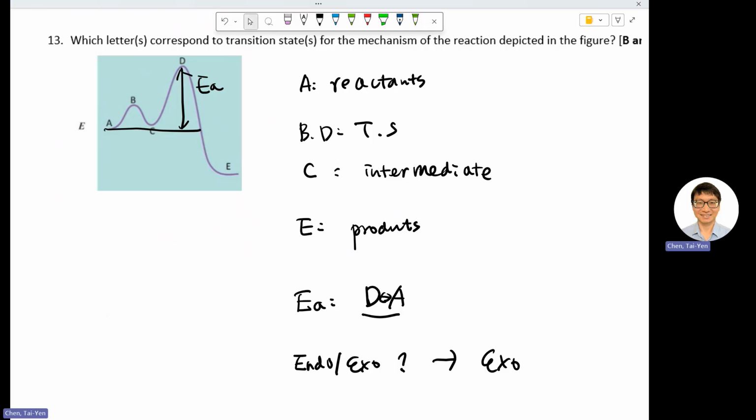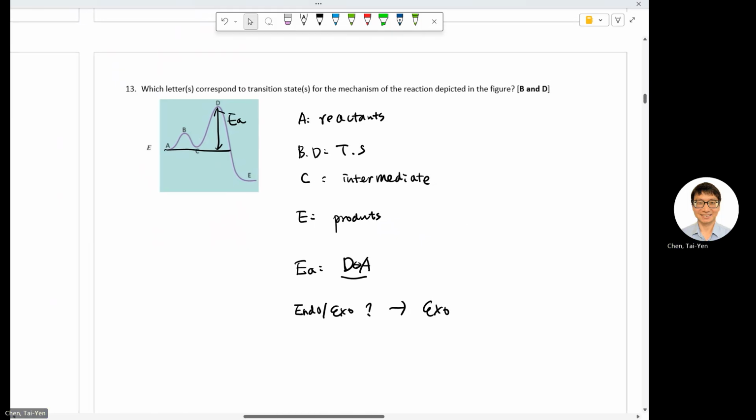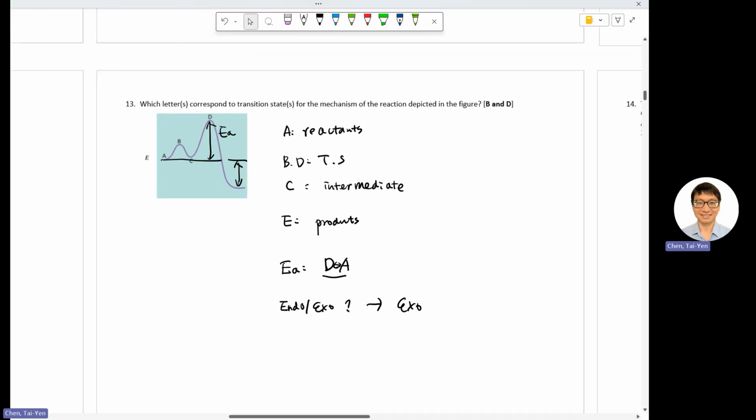Endothermic, exothermic is very important. Like I said, when you calculate these things, your reference is always your reactant. All right, so that's how you solve question number 13.